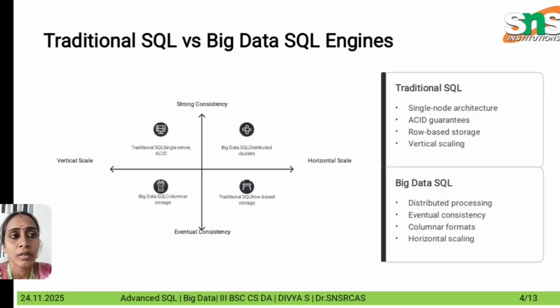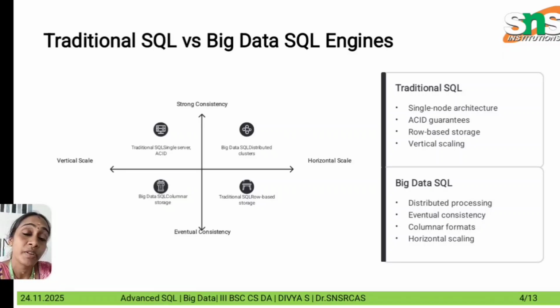Normally your traditional SQL has a single node architecture and row based storage, and vertical scaling has been used, whereas big data SQL uses distributed processing, eventual consistency, and column formats, which make things much easier.